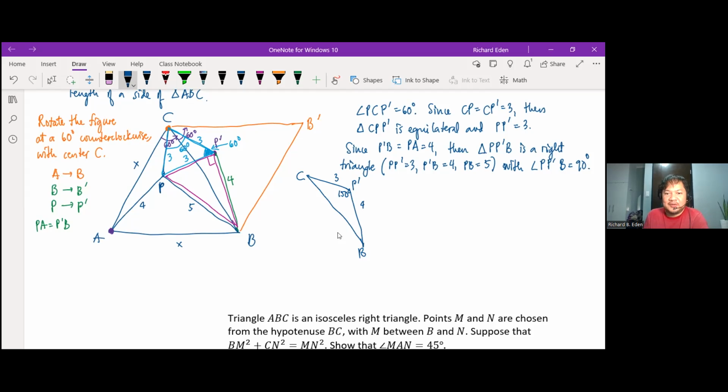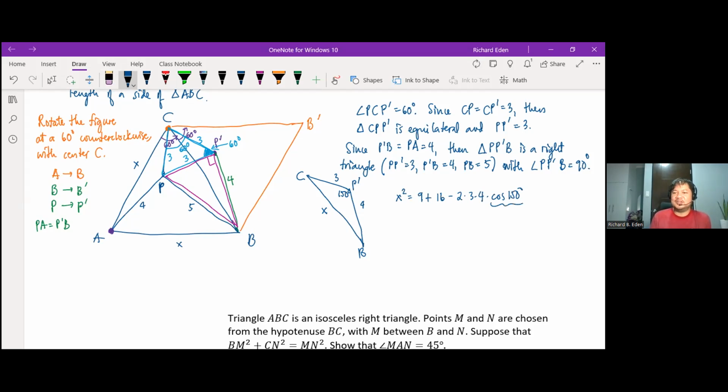We should be able to finally use the law of cosines, on a specific triangle. So x squared equals 9 plus 16 minus 2 times 3 times 4 times the cosine of 150 degrees.